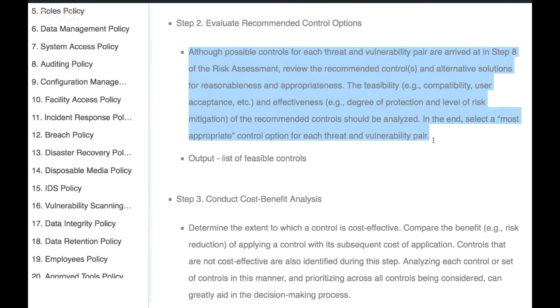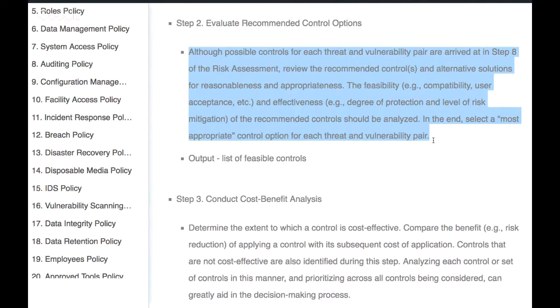Conduct cost-benefit analysis. Determine the extent to which a control is cost-effective. Compare the benefit of applying a control with its subsequent cost of application.